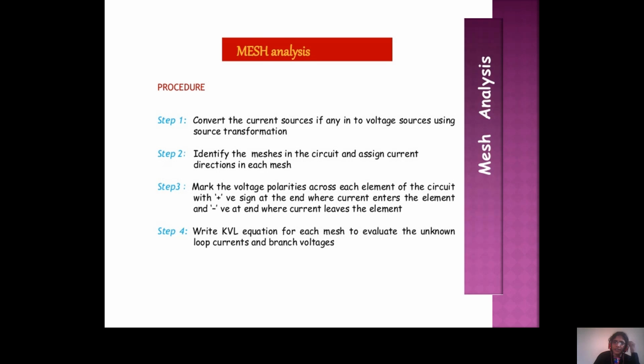Next, mark the voltage polarities across each element of the circuit, with a positive sign at the end where current enters and negative where it leaves. If the current is entering, we put positive; if leaving, negative. Then write the KVL equation of each loop.